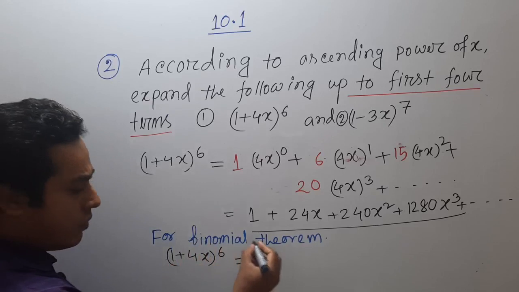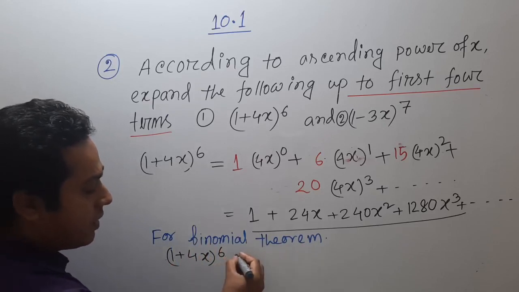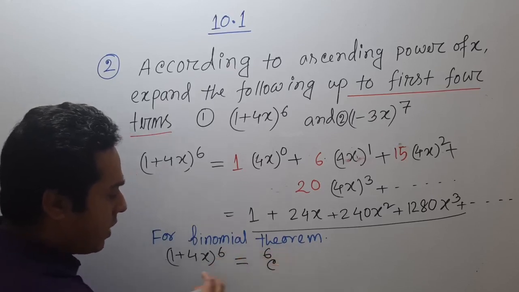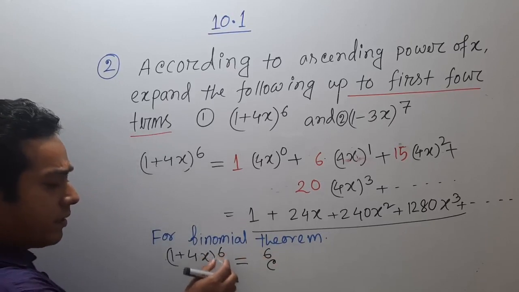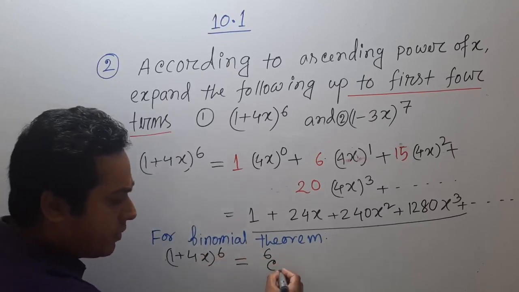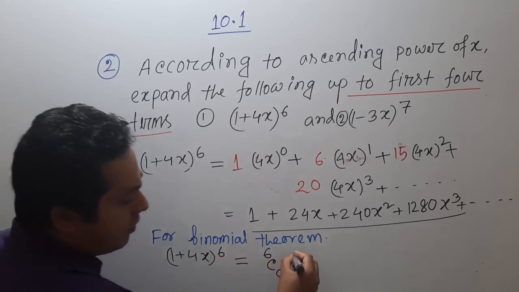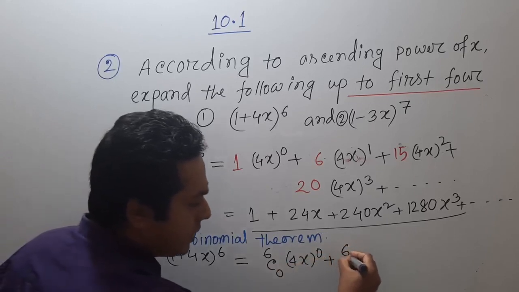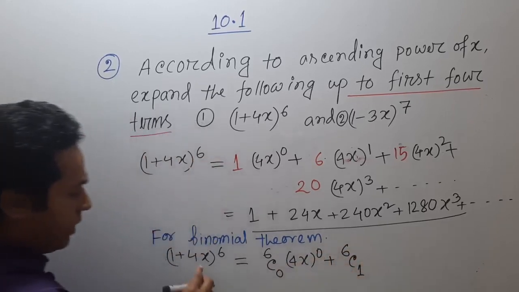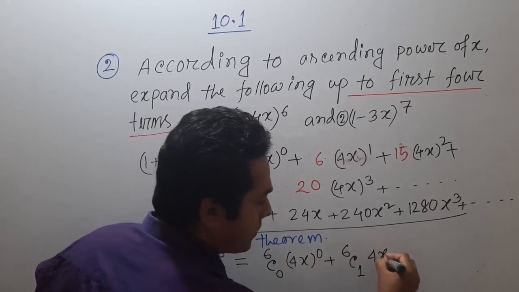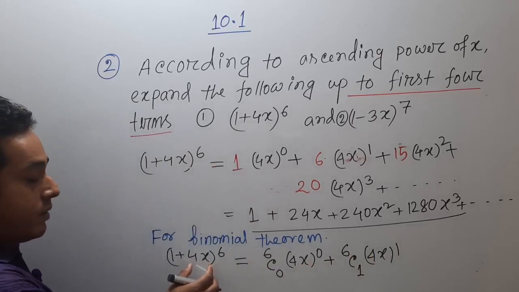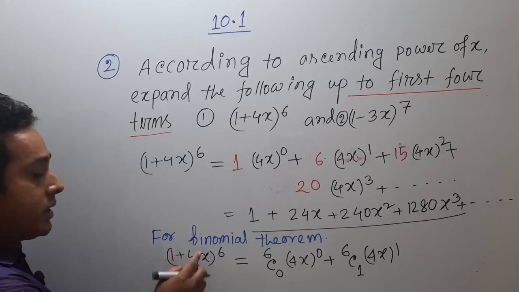For the first term, n is equal to 6, so 6Cr, where r is the position of the first term, which will be 0. Then (4x)^0, and for the second term 6C1 with (4x)^1, because the power of the second term is always ascending and the first term follows descending order.